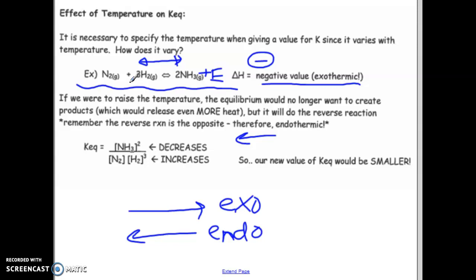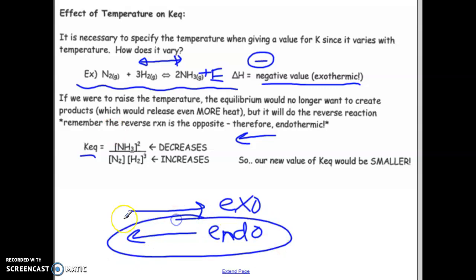So if the temperature is being produced due to the exothermic process, and you add external energy by heating it up, or heating up a test tube or whatever it happens to be in, it's not going to want to continue producing more and more energy. You've added in extra energy. So what it will do is shift gears to reverse the reaction to use up that extra energy that was just added in. So what ends up happening to your K value, you have to imagine the reverse reaction will begin to take over.